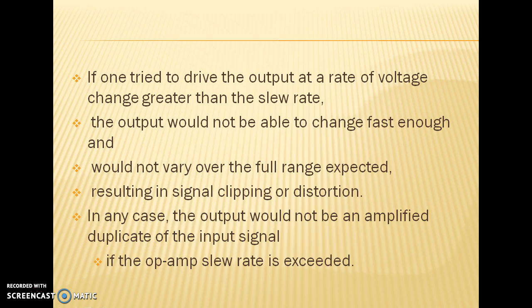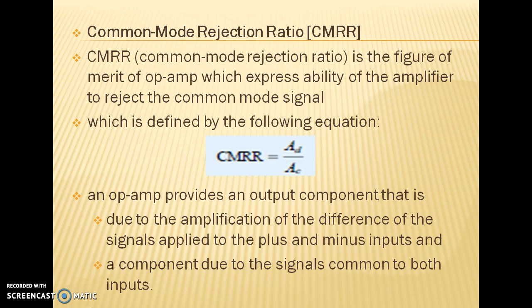This would result in signal clipping or distortion. So, the output would not be an amplified duplicate of the input signal if the slew rate is exceeded. The last specification that we discuss is common mode rejection ratio, CMRR.